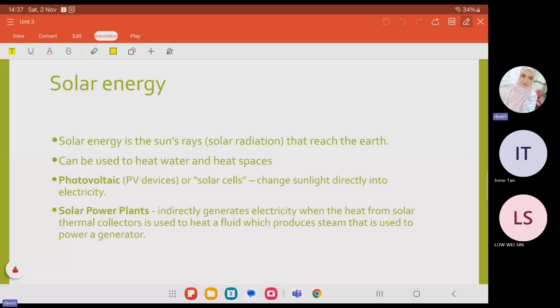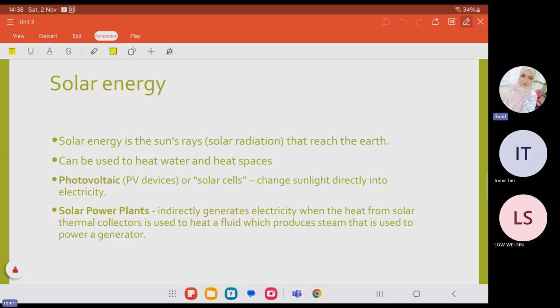For these PV devices, normally we can install them at residential homes for individual usage. And a solar power plant indirectly generates electricity when heat from a solar thermal collector is used to heat a fluid, which produces steam that is used to power a generator.